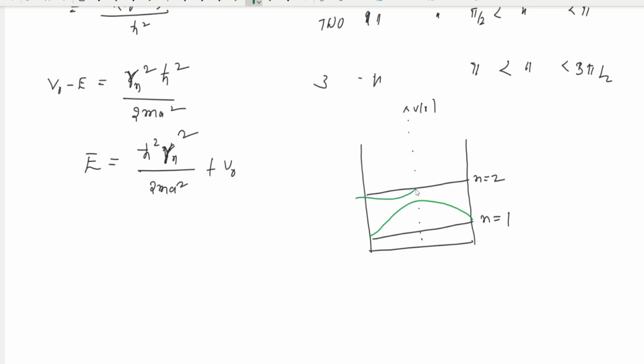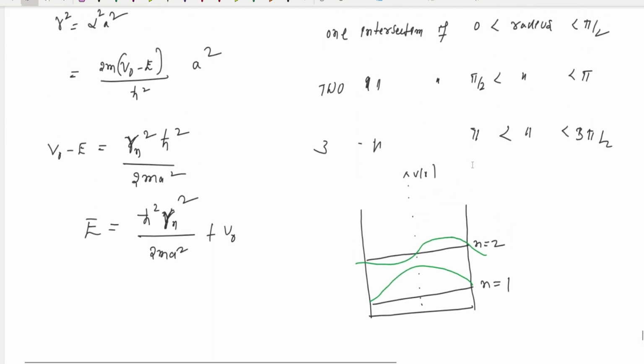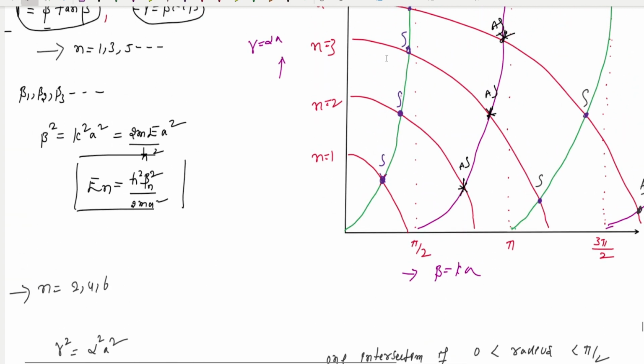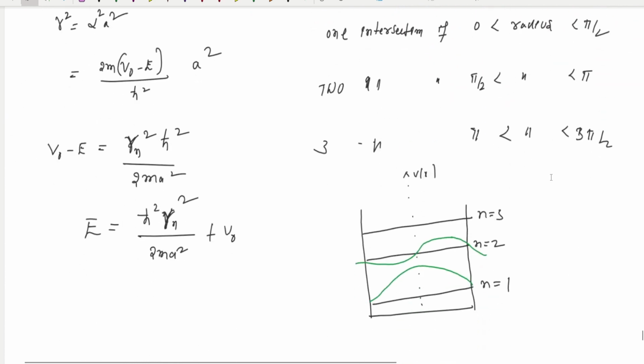Next, n equal to 3. Three intersections are there in between pi to 3 pi divided by 2. See here: symmetric, anti-symmetric, and symmetric. So in the energy levels, one anti-symmetric function and two symmetric functions are there.